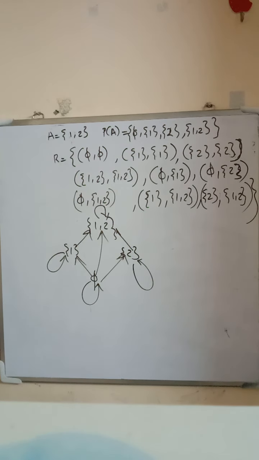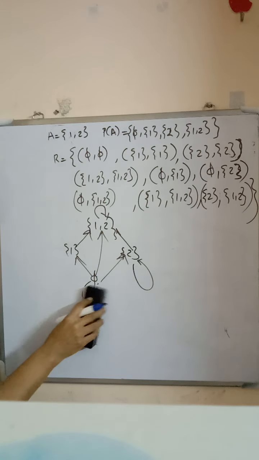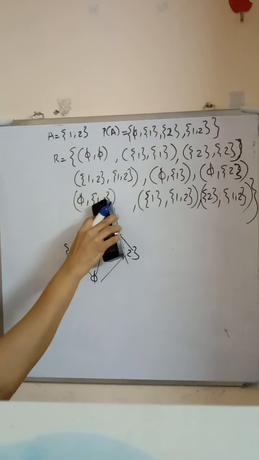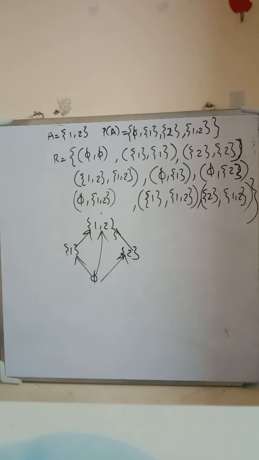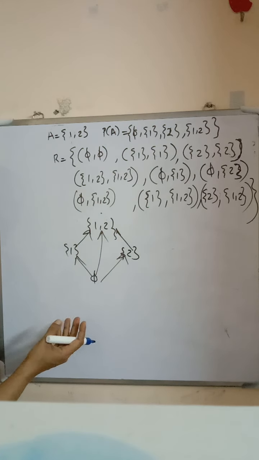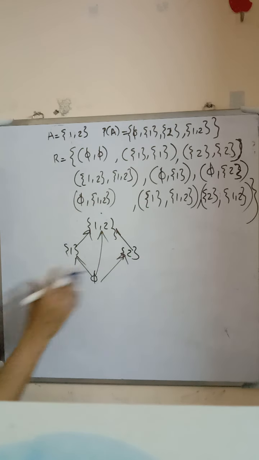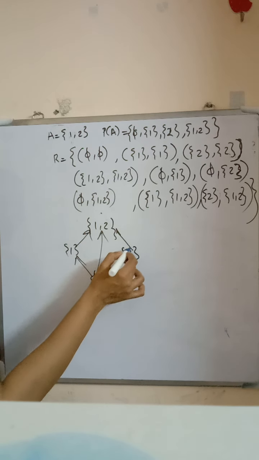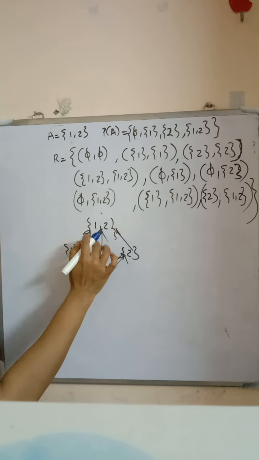By deleting the loops, we show the reflexive relation is clearly a partial ordering relation. Also we delete the transitivity edges from this graph. Here, null set related to {2} and {2} related to {1, 2}.